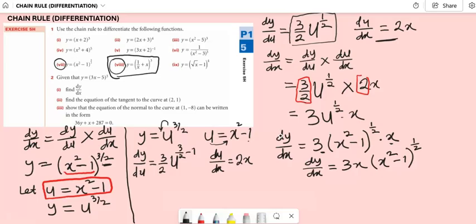So you can stop here, which is fine. We can also rewrite this by saying that dy dx is equal to 3x, then square root of x squared minus 1. So this square root is representing 1 over 2. So this is the final answer.